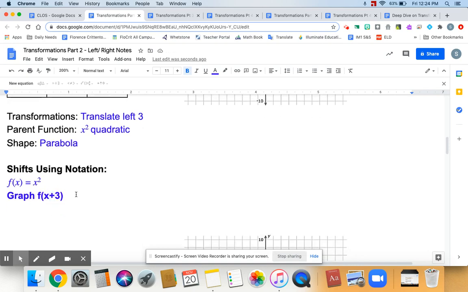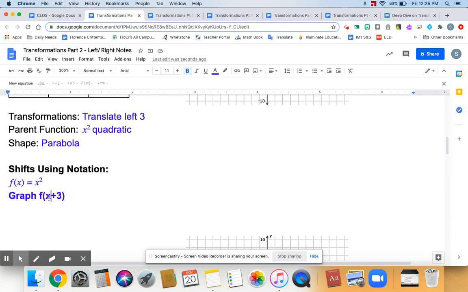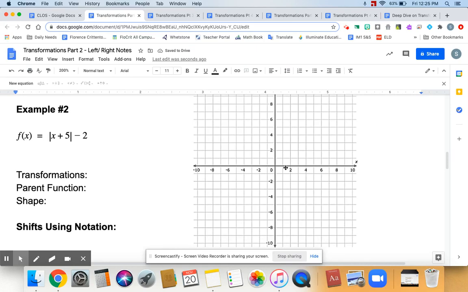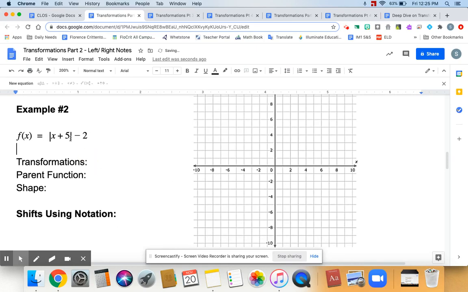It's not at the end, because if it was at the end, it would mean up 3. But being in the parentheses with x, where the function is happening to that 3 as well, like the 3 is getting squared as well, that is what means left 3. So if we do another example, but this time more quickly, if you look, there are 2 transformations in here.